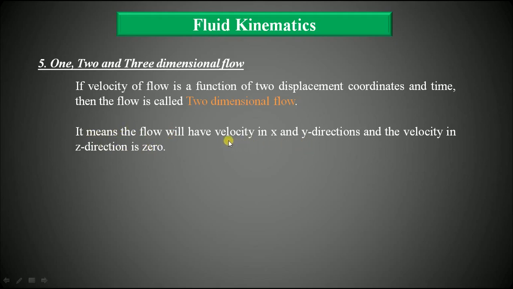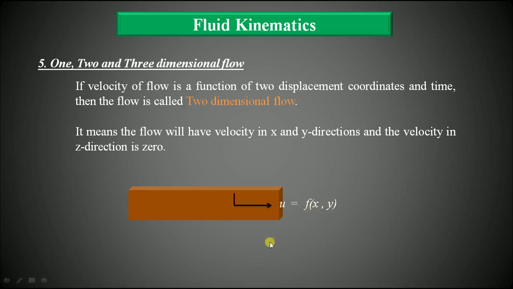That is, it can have the velocity in x and y direction, and the velocity in z direction is 0. So again, if you consider one example here, I'm considering this rectangular shape of flow field, which has a very small width. In this condition it can have the velocity in x direction, which is a function of x and y.